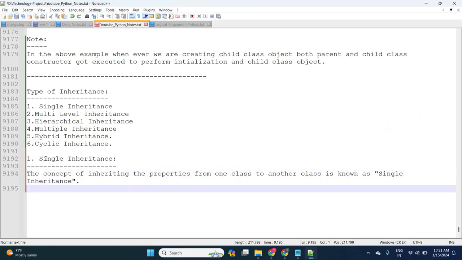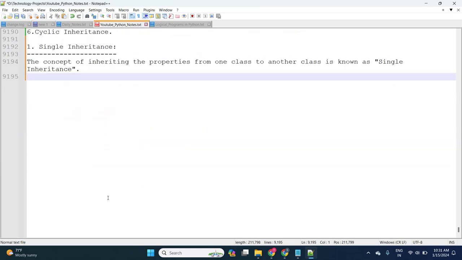The concept of inheriting the properties from one class to another class is known as single inheritance.